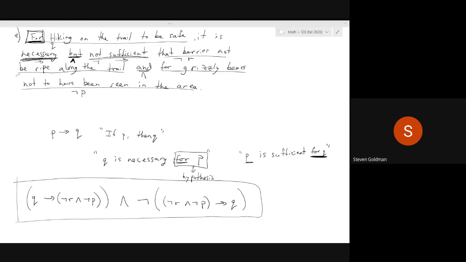Okay. 23, write each of these statements in the form if P then Q in English. So for D, you were given the statement, it is necessary to walk 8 miles to get to the top of Long's Peak.